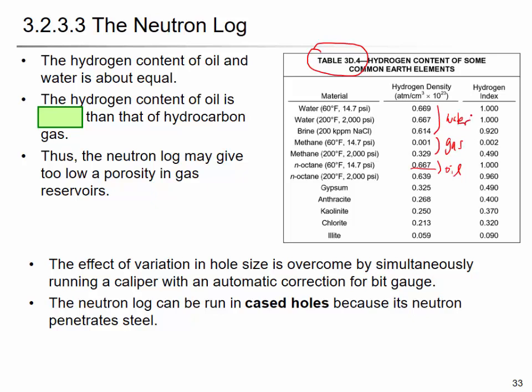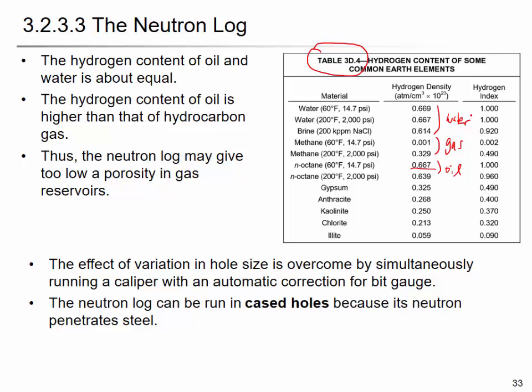And you can find out the water is pretty much the same in terms of the hydrogen content with the oil, but when you compare with the methane gas, it is much lower, right? Hydrogen density. So the hydrogen content of the oil is higher compared to the gas.